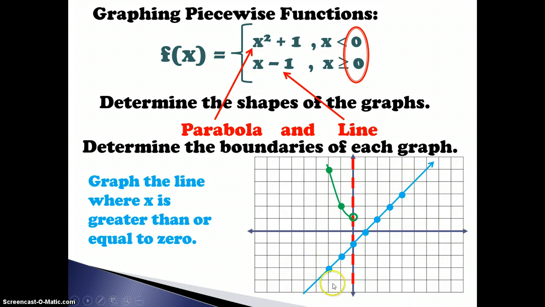Notice this is what you get on your calculator, but we're looking at the part where x is greater than or equal to 0. So it's where this red line is, everything in quadrants 1 and 4. So I need to chop this piece off that's in quadrant 3. Take that off, and notice I started with a shaded circle because x is greater than or equal to. I just got rid of my boundary line, so that's what your piecewise function should look like.